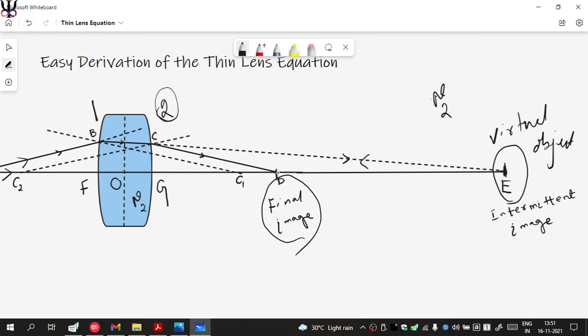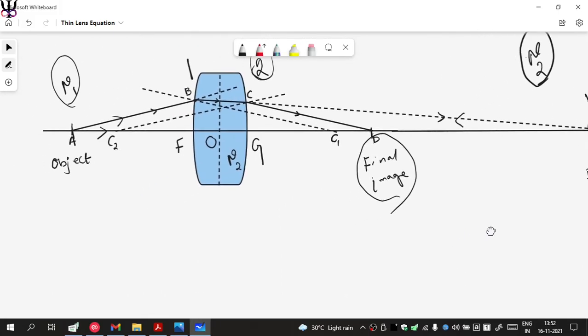But we can see it like this: the virtual object is an object, and because it is in medium mu2, the incident ray in mu2 gets refracted at C and meets the final image at D. So here, instead of taking the first medium as mu1, the first medium will be mu2 and the second medium will be mu1.